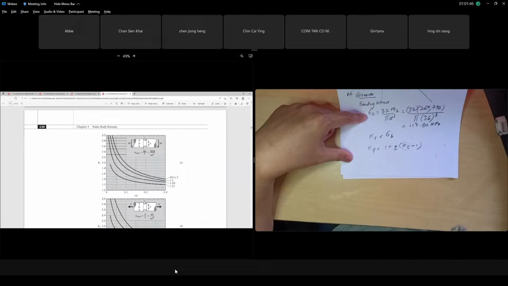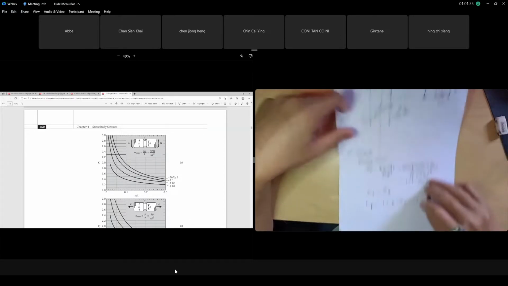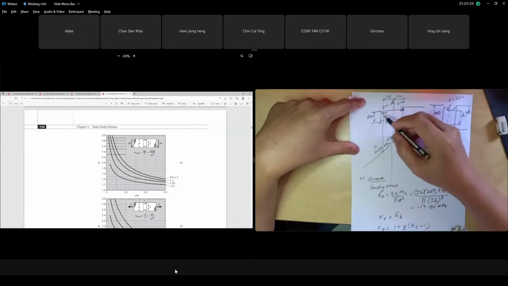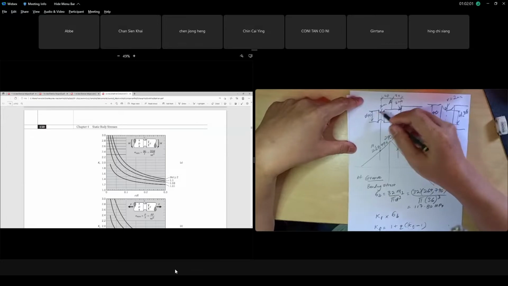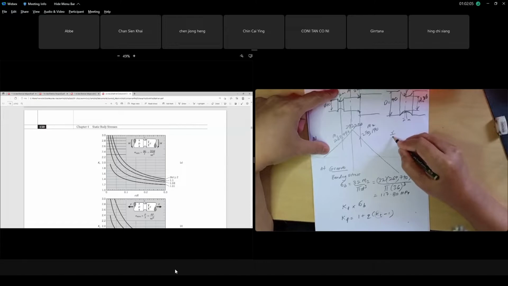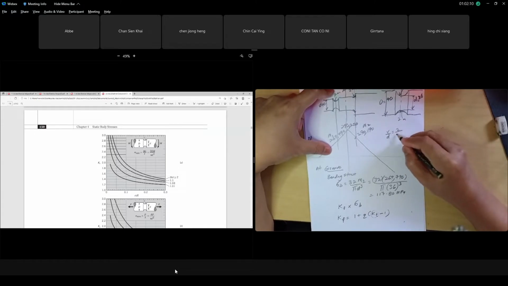For bending at the groove, can you see this one? Your x-axis is the ratio of r over d. If you look at my live video, the groove radius r is 2 millimeters and the smaller d is 36, right? So r over d is 2 over 36.